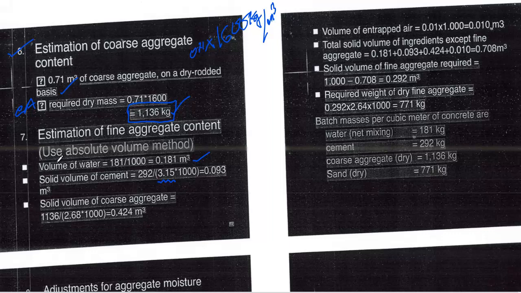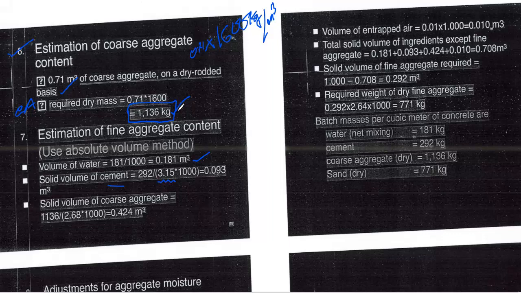Okay, so this is the meter cube quantity for the water in kg. This is for cement. Now you need to convert this for coarse aggregate also. So in case of coarse aggregate, the solid volume of coarse aggregate is this much.